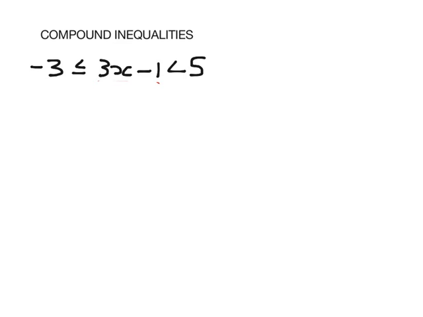But the thing is, you then have to plus 1 everywhere. So it becomes minus 3 plus 1, less than or equal to 3x minus 1 plus 1 is 0, less than 5 plus 1.